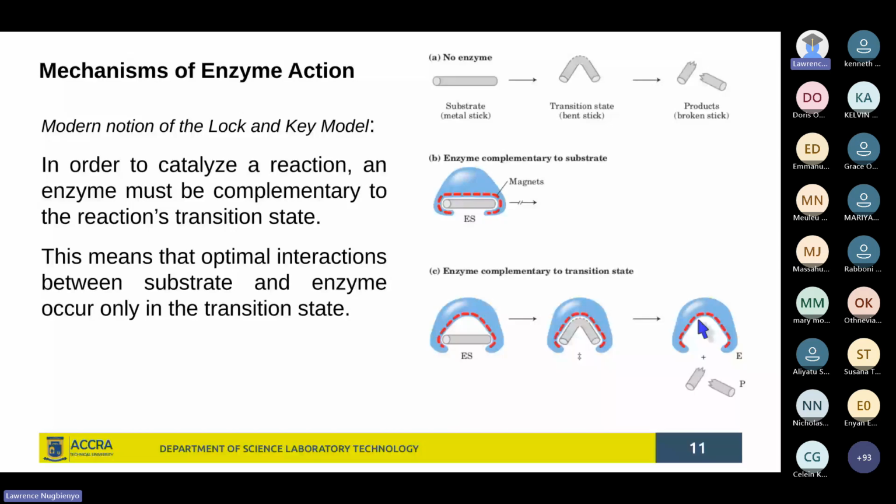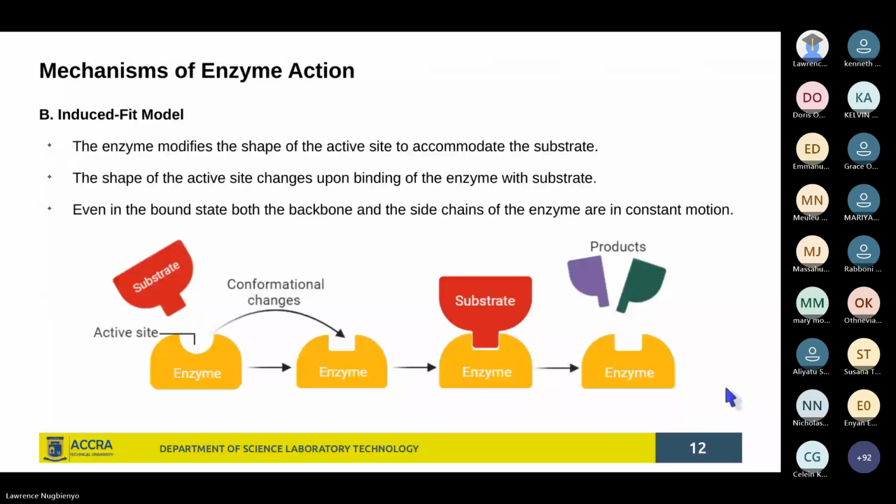So that was a modernization of the lock and key model, and that led to the current model which is used in enzymatic studies, which is referred to as the induced fit model.